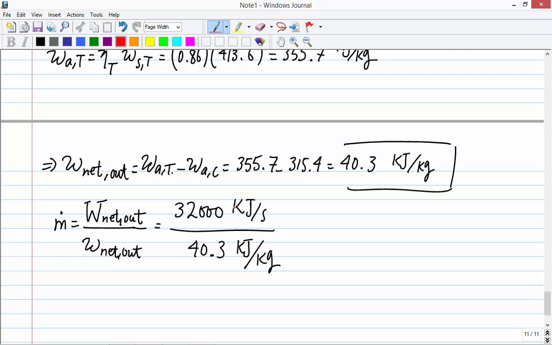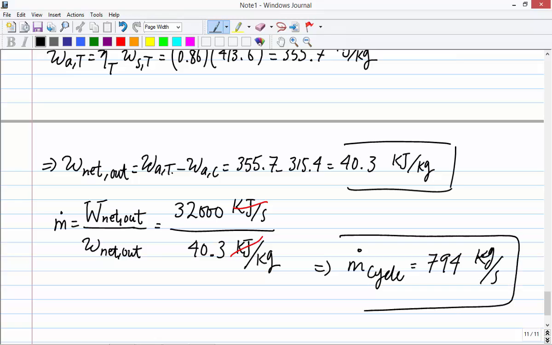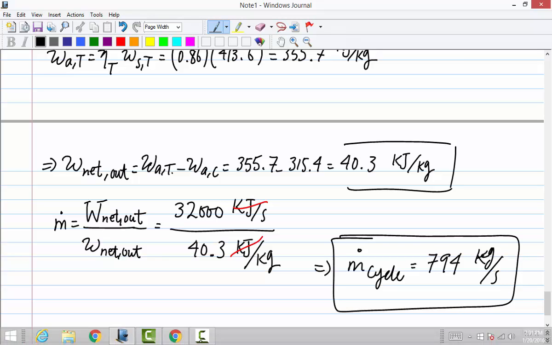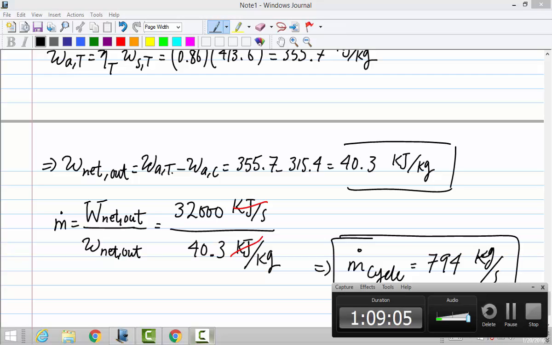So these two cancel, and m dot of the cycle would be 794 kilogram per second. So in 1 second we are using that much air. This is the answer. Thank you so much for listening to this lecture. I'm sorry that it was kind of long.